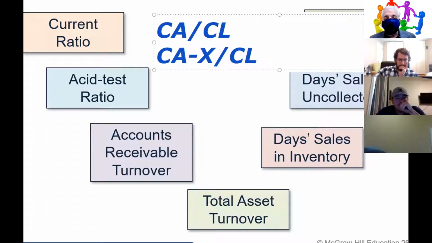The numerator is going to be smaller or the same. What's that X? That X could be inventory. That X could be prepaids. The stuff that's not cash, not receivables, not real short-term liquid, the current assets less the prepaids, inventory, and some of those longer-term things are called the quick assets. That's going to be a smaller number. If the numerator is smaller and the denominator is the same, it better be smaller.